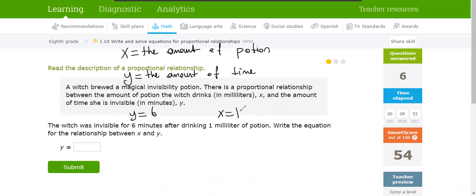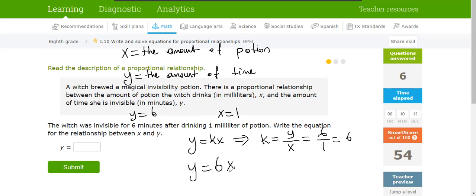6 divided by 1 will give us the k because we know that y equals kx. That means k equals y divided by x. So in this case, it is 6 divided by 1, which is 6. So k is equal to 6. So y equals 6x is the answer here.